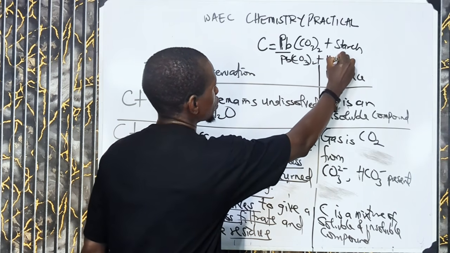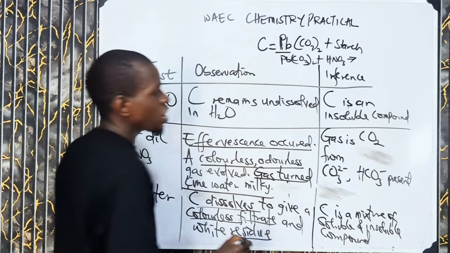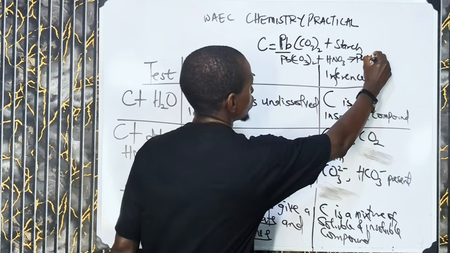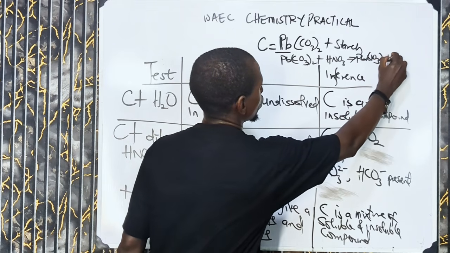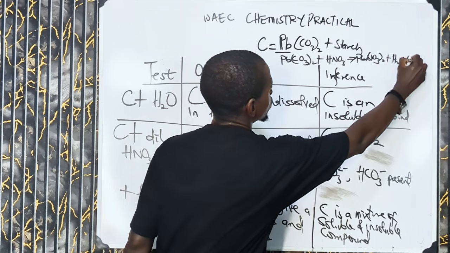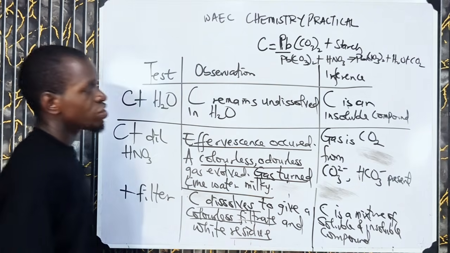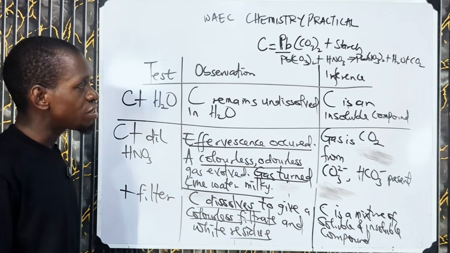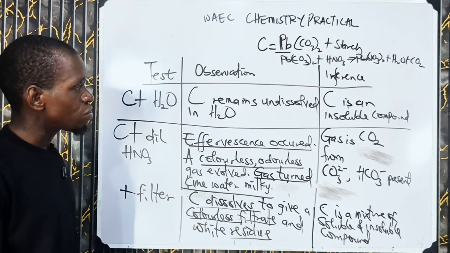Lead carbonate plus HNO3, automatically we are going to have lead nitrate, plus H2O plus carbon 4 oxide. Carbon 4 oxide was given off, so you have a new substance formed.